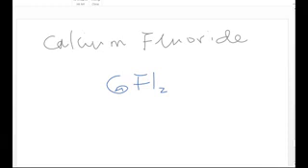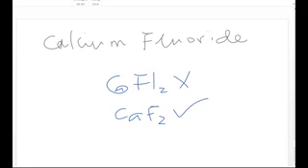CaF2. Yes. Fluorine is not Fl. Fluorine is F. You can see that. So this is not Fl. It is what? CaF2. Are we together? And you know how we came across this nomenclature.